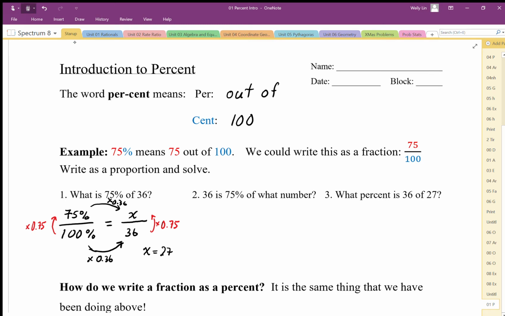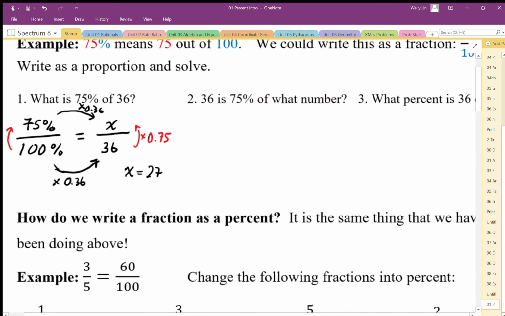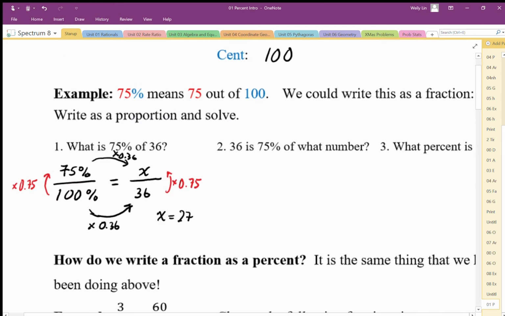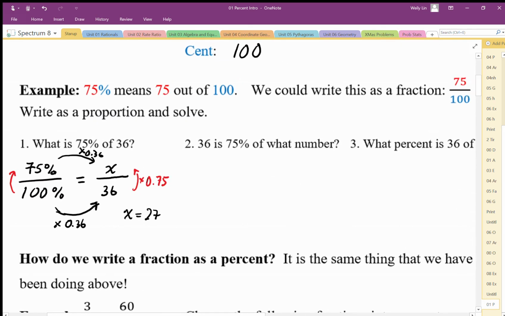Okay, so let's do this one here. 36 is 75% of what number? So we're going to set up the same proportion of 75 out of 100%, is equal to, now the 36 is the part, and we're now looking for the whole.